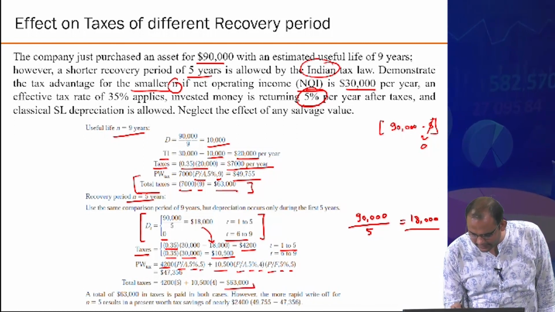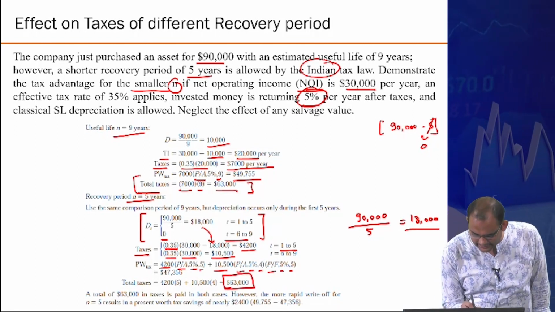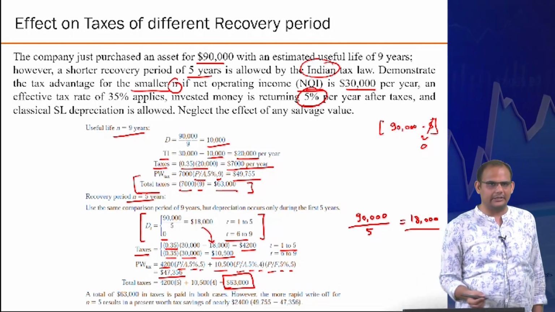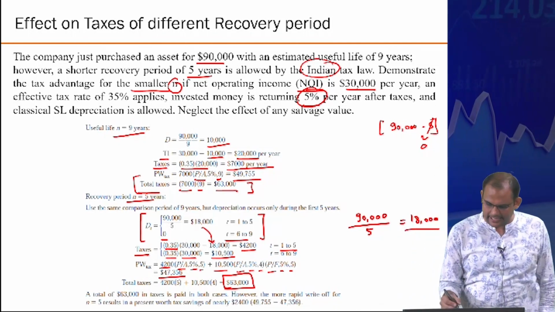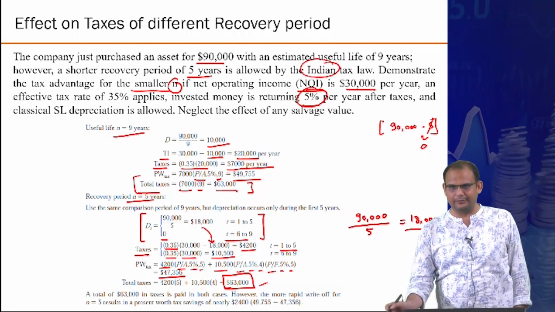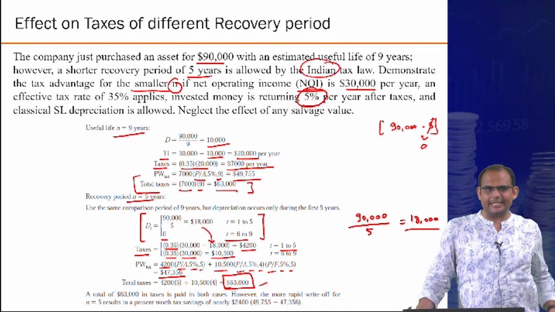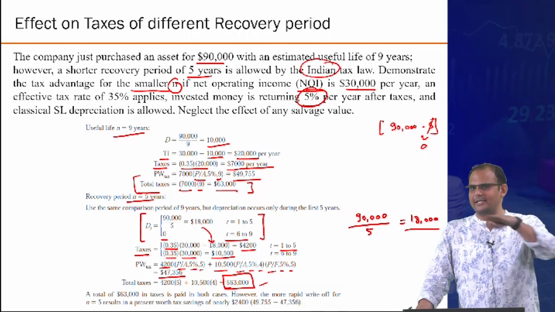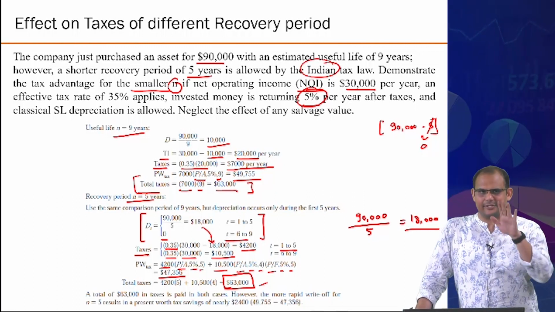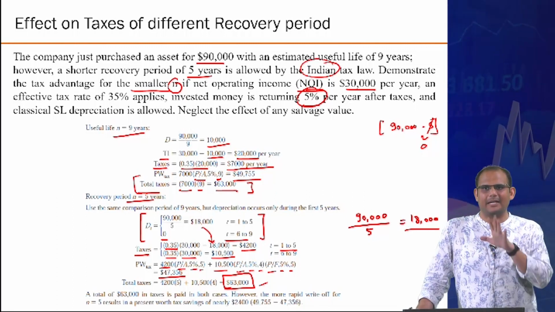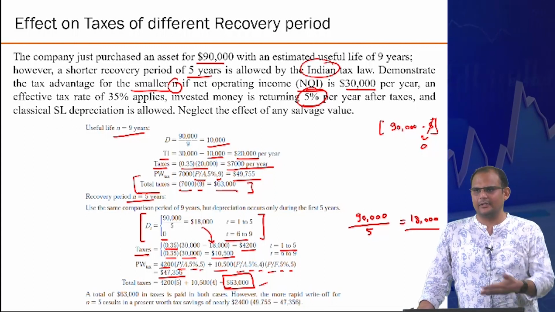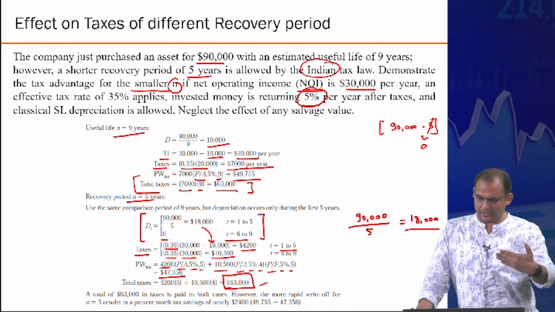So the total you get in this case is $47,356, and the total tax that you have paid is $63,000. So you see the $63,000 remains the same. Total tax you have still paid 63,000, but in time value of money, is option 1 better or option 2 better?